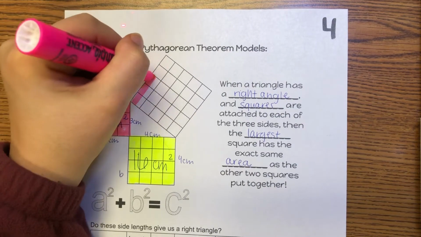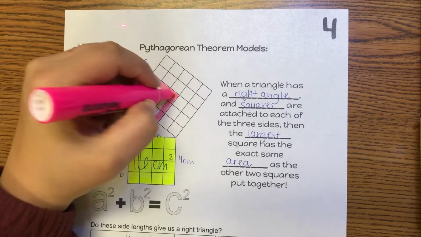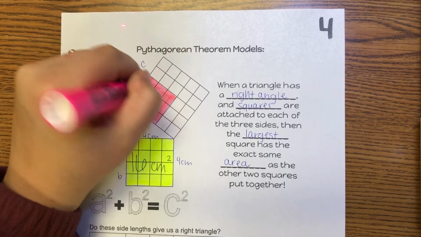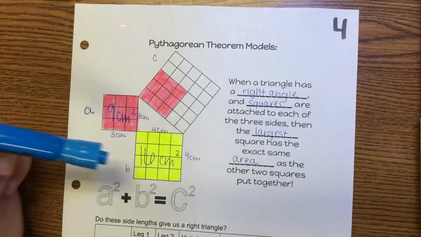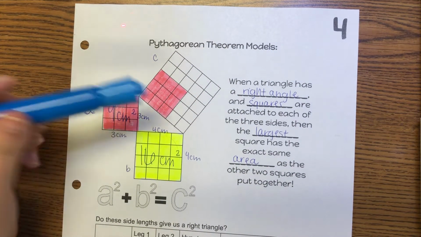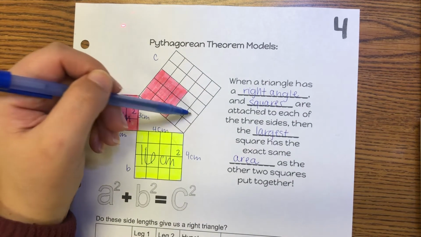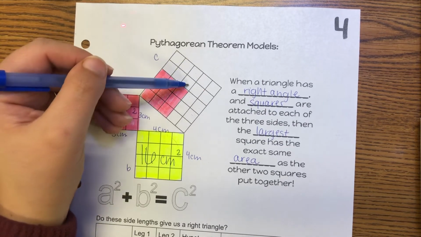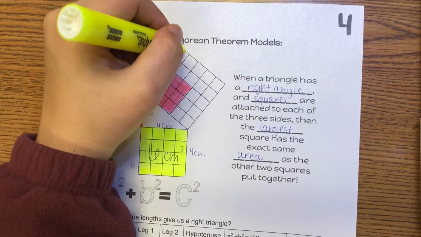See, 3 by 3. So here we go. So there's my 9 centimeters squared, right? Then over here, I have 16 centimeters squared. That means there should be 16 boxes left over here. I have 1, 2, 3, 4, 5, 6, 7, 8, 9, 10, 11, 12, 13, 14, 15, 16. So yes, I have 16 yellows.